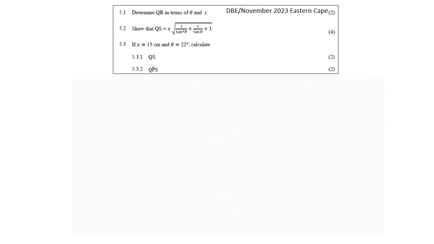In the last question, they give us the following. If x is 15 centimeters and theta is 22 degrees, calculate QS and angle QPS. In the previous question, we said that QS is equal to x times the square root of 1 over tan squared theta plus 1 over tan theta plus 1.